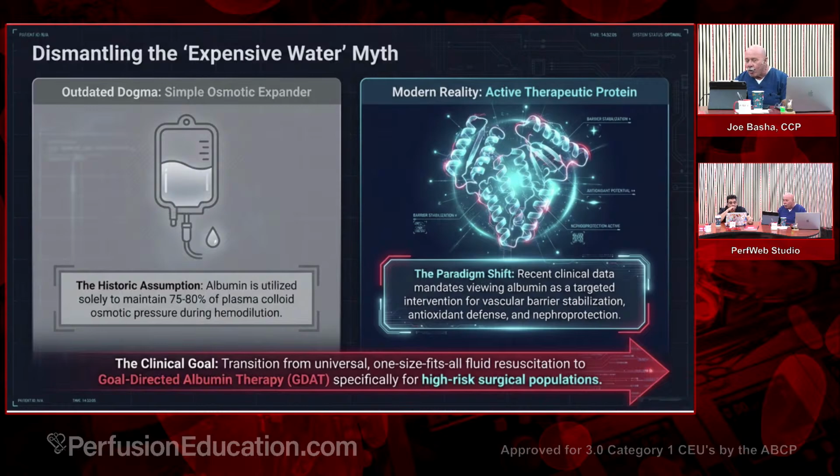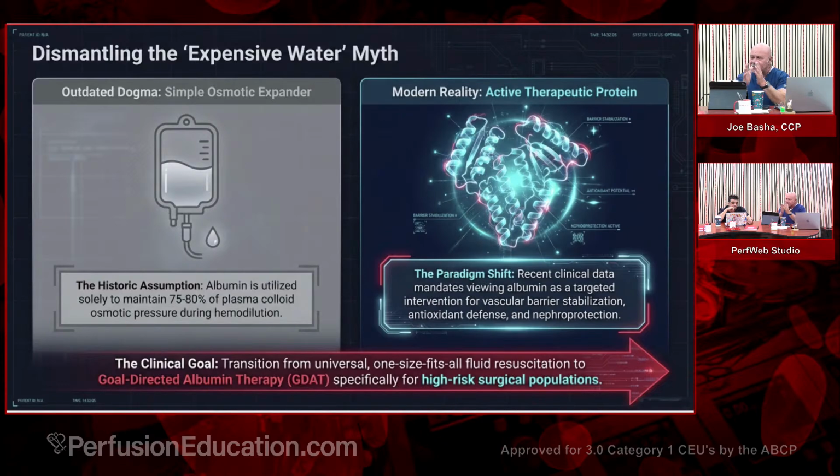The clinical goal is therefore a transition from universal one-size-fits-all fluid resuscitation to goal-directed albumin therapy, specifically for high-risk surgical populations, which is now more in vogue. Every single patient, if you just take every patient, I think the data moving forward is not going to show much of an impact on the difference between saline and albumin.